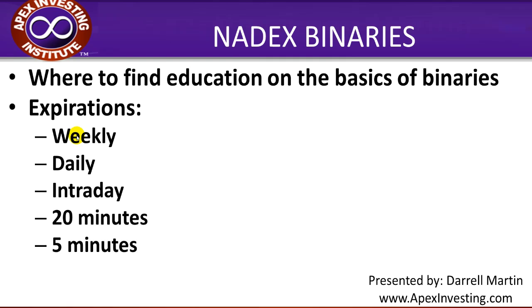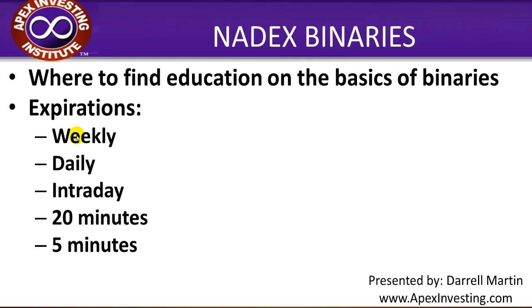So 4:15 for U.S. indices, 3, 7, 11 a.m. and p.m. for FX, 2:30 for oil, 1:30 for gold. Those times, besides the new FX ones, are basically set to close at the time that the pit closes. So the gold pit closes at 1:30, so daily gold binaries close at 1:30. The oil pit closes at 2:30, so oil binaries close at 2:30.